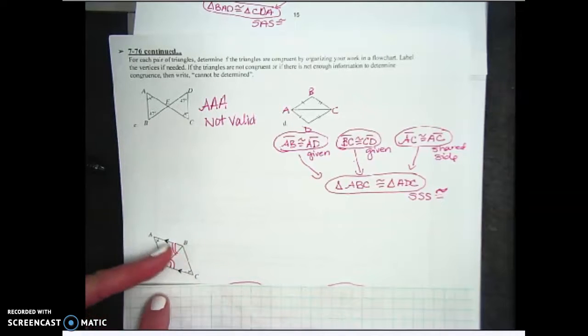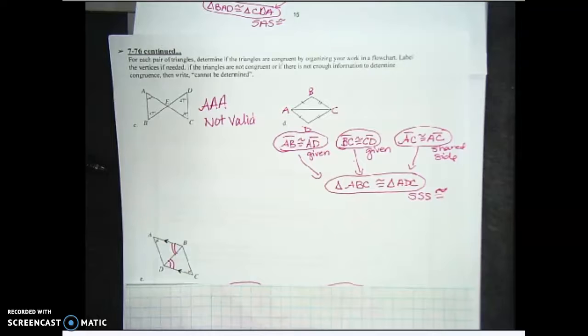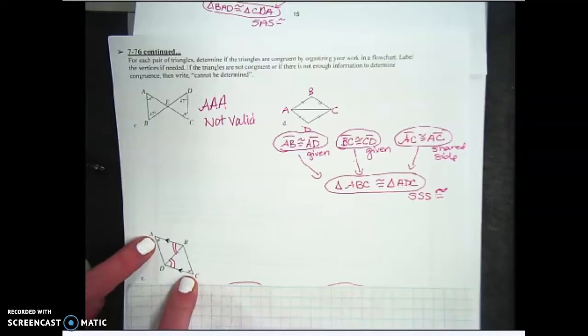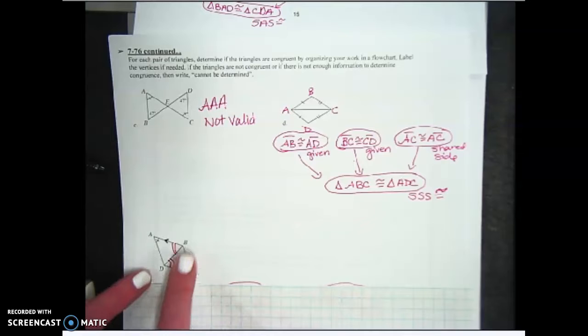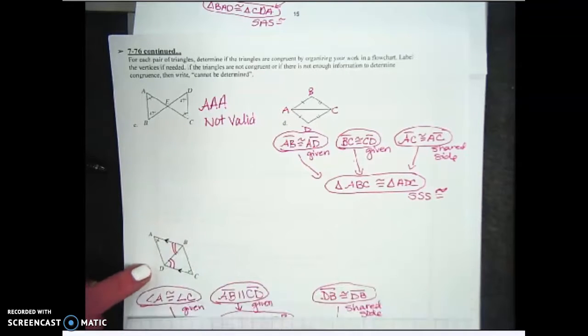Transversal is going to create these alternate interior angles, and they're going to be congruent to each other, okay? The other thing we've got is angle A is congruent to angle C because of those tick marks, and we have this shared side. DB is part of the top triangle and part of the bottom triangle.